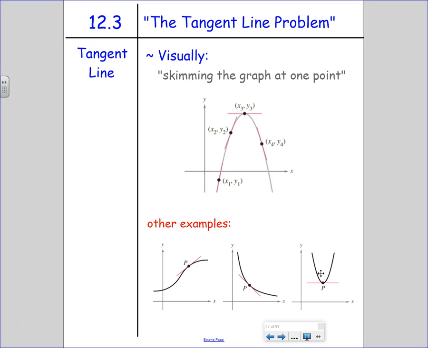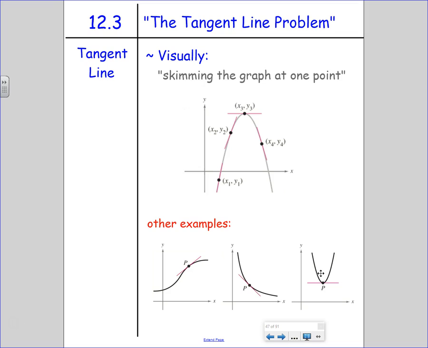Guys, why is the tangent line problem a problem? Why is finding a tangent line hard? Because you don't have 2 points. You only have one. And to get any equation of a line, we can plug in 1 point for point-slope, but we need a slope. And the problem is, the slope needs 2 points.